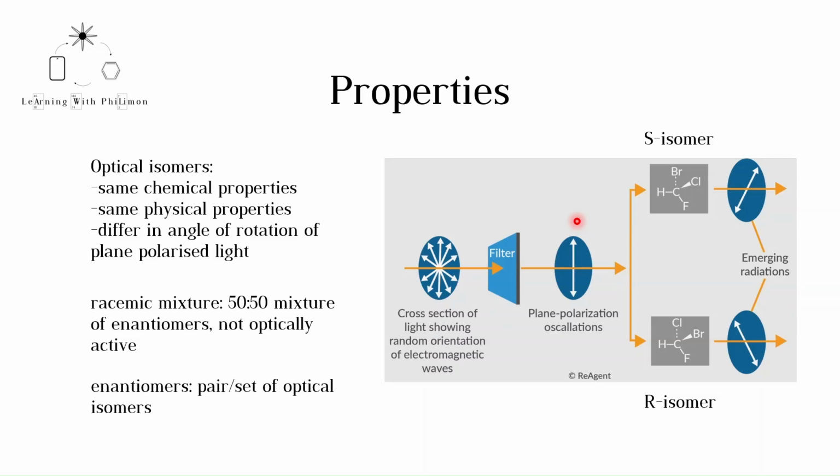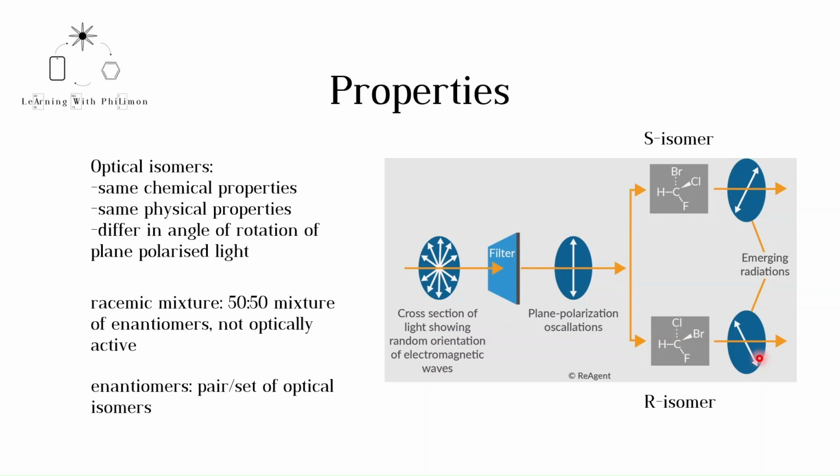If this light passes through a sample containing only the S optical isomer, the light is rotated in one direction. If the light passes through a sample containing only the R optical isomer, the light is rotated but in the opposite direction. Because of this property, optical isomers are used in sensors and liquid crystal displays, or LCDs.